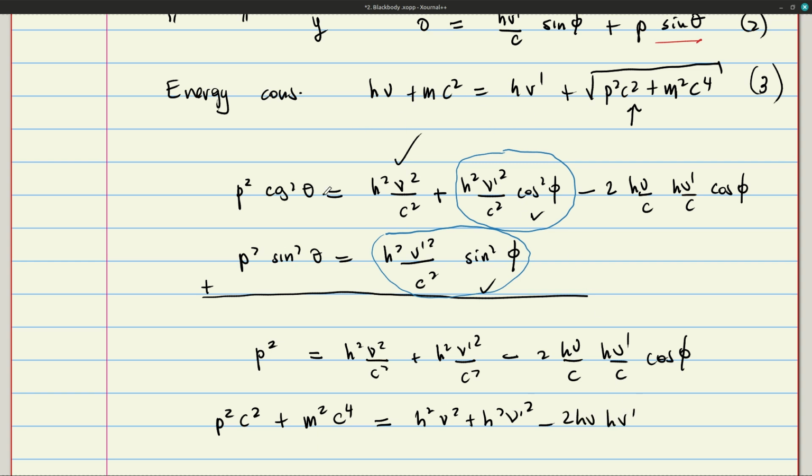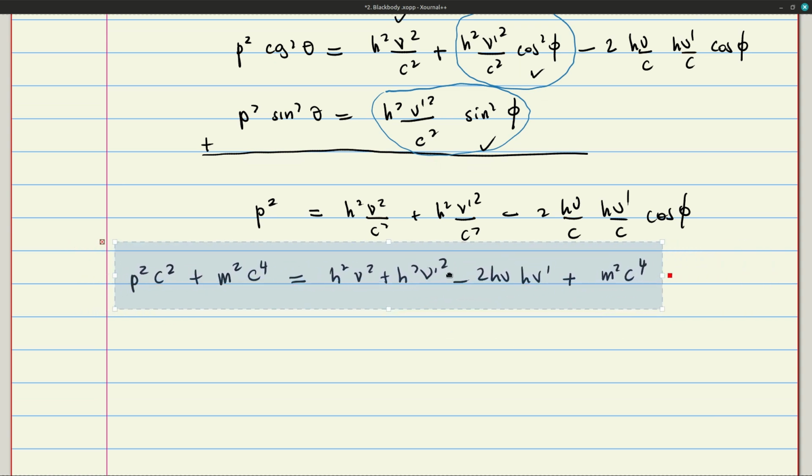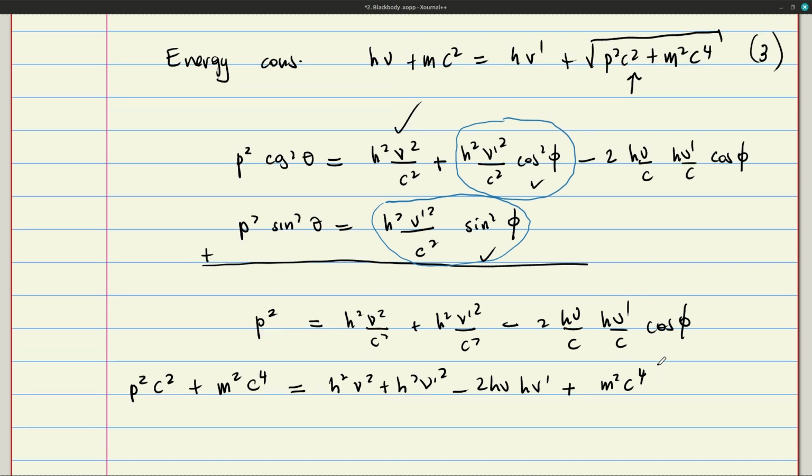So I take the square of the first one plus the square of the second one, m squared c to the fourth, and the cross term. I just need one more term, and that term is going to be m c squared times h nu minus h nu prime. Again, unfortunately, I expect you to be able to do these calculations. You know, I don't like doing this, but we have to do this.